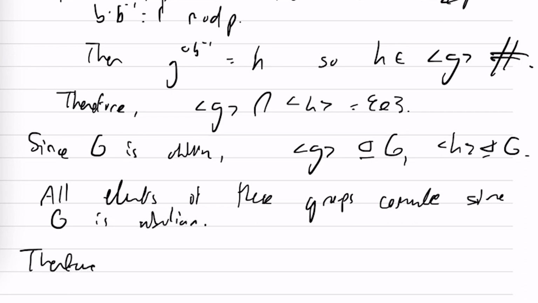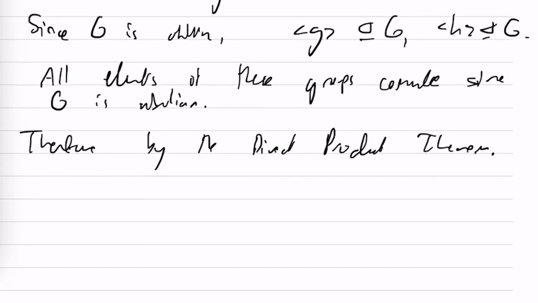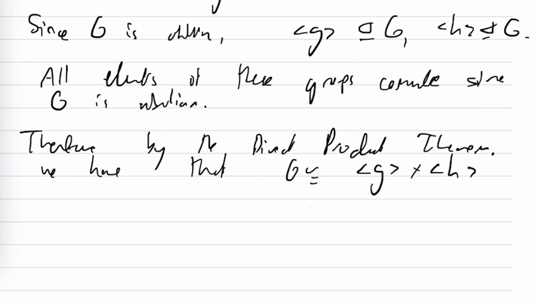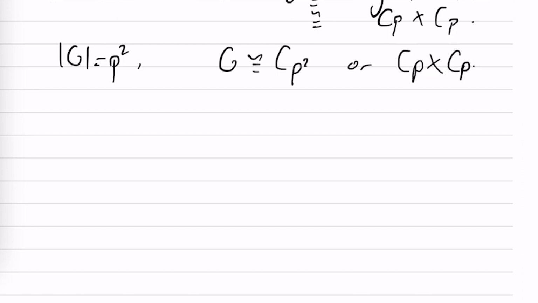Therefore, by the direct product theorem, we have that G is isomorphic to the direct product of these two subgroups, which is just the cyclic group of order p cross the cyclic group of order p. And those are the two options.